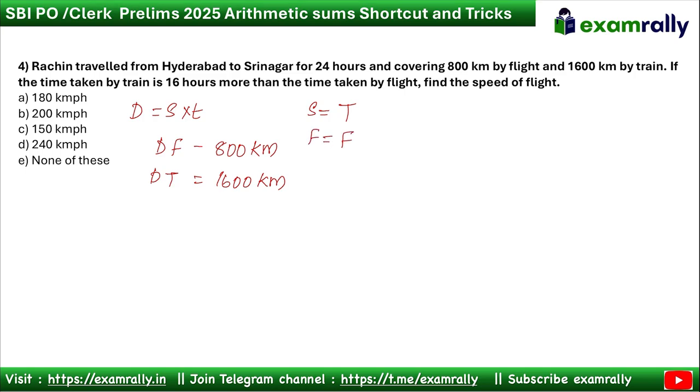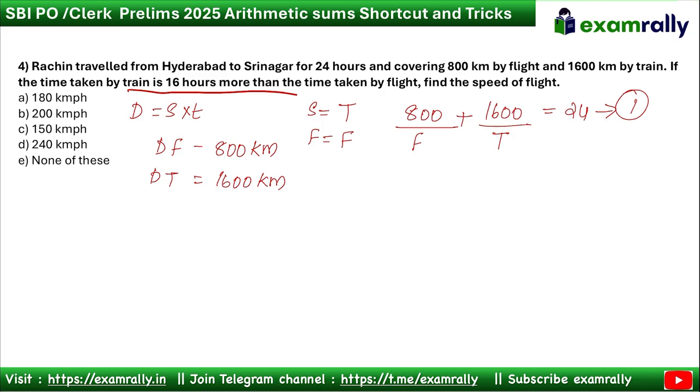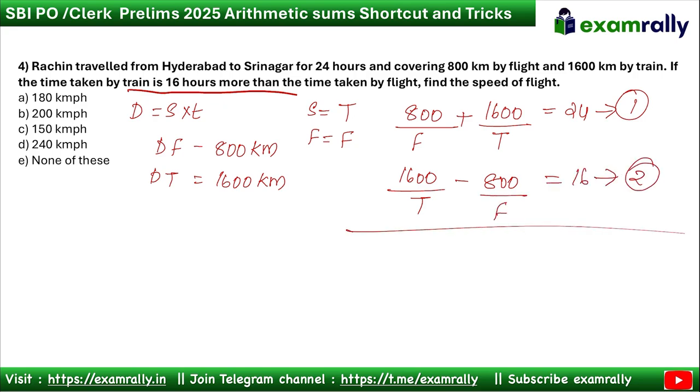So, 800 is the flight distance; distance divided by f will be the time, plus 1600 divided by t, the train, equals a total of 24 hours, which has been given. Second, they have given that the train takes 16 hours more than the time taken by the flight, which means 1600 by t minus 800 by f will be equal to 16. This will be the second equation.